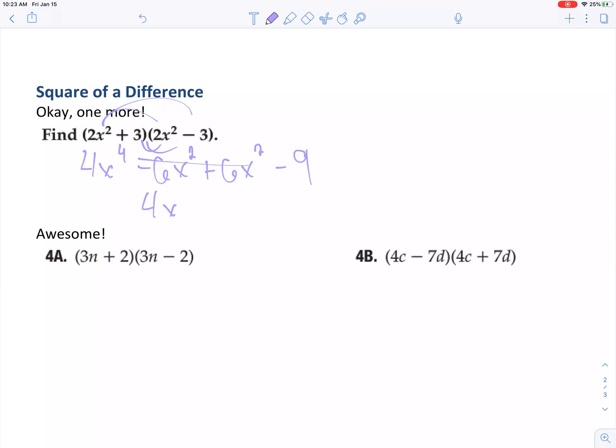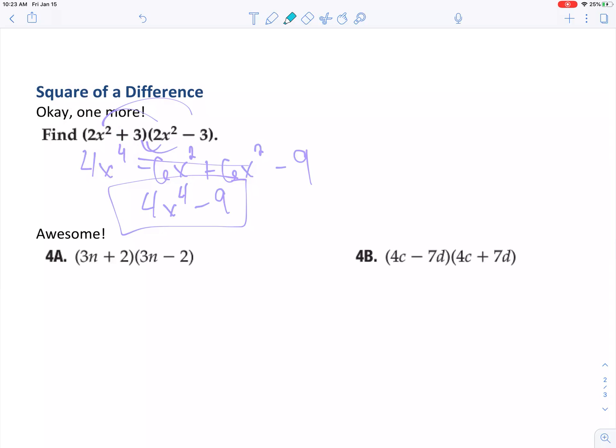So my answer is 4x to the fourth minus 9. So here's the shortcut that we figure out, is that the middle stuff, as long as your parentheses are the exact same, except for one being positive and one being negative, is always going to cancel.